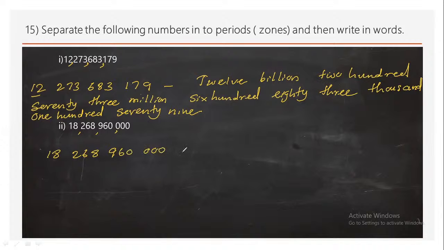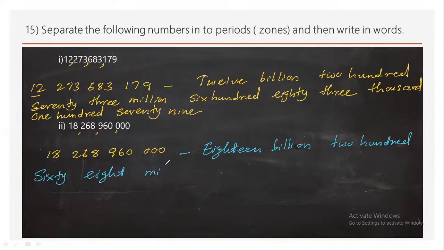So how can you write this? 18 billion, 268 million, 960,000. 18,268,960,000.